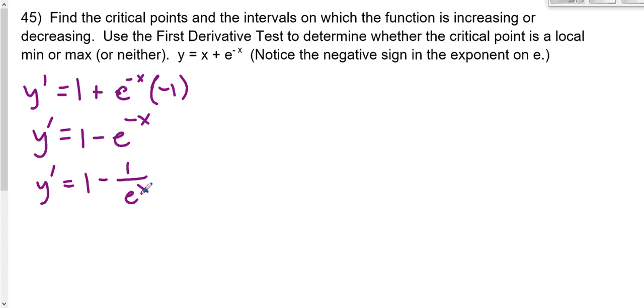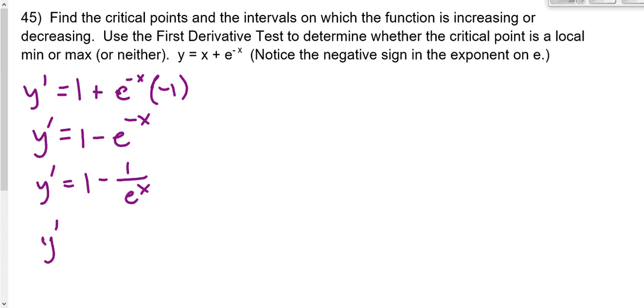Okay, now our goal is to set that equal to 0 and find where it's undefined. Anytime you have a fraction, even if just part of your derivative is a fraction, it's a good idea to convert the whole thing to one fraction. That way you can just set the top equal to 0 and set the bottom equal to 0. So what I'm going to do is multiply the 1 by e to the x over e to the x.